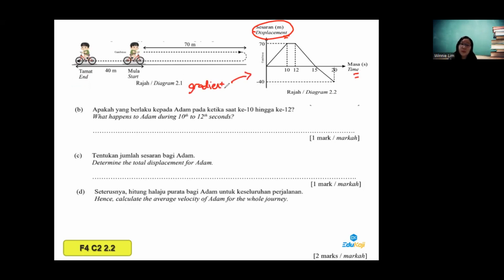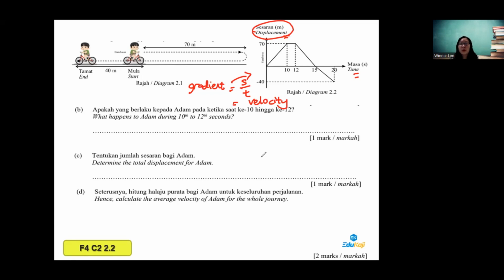Gradient is a very important idea when you analyze a graph, not necessarily on a motion graph, but any graph related to physics. So the gradient here is actually what? Displacement over time, which refers to velocity. Which means if you see a line with a gradient, that means there is velocity. Not only velocity, the velocity is supposed to be constant.